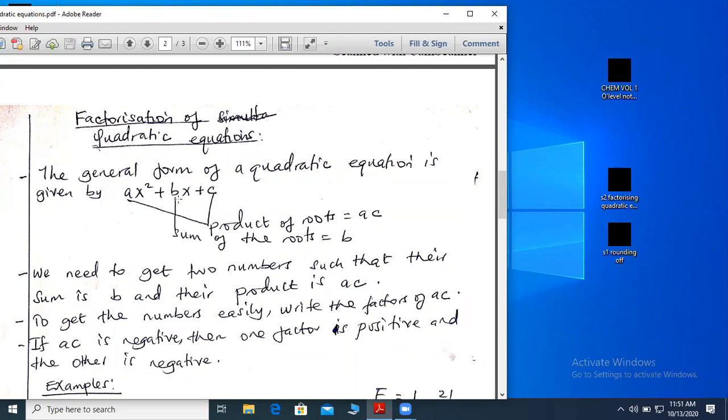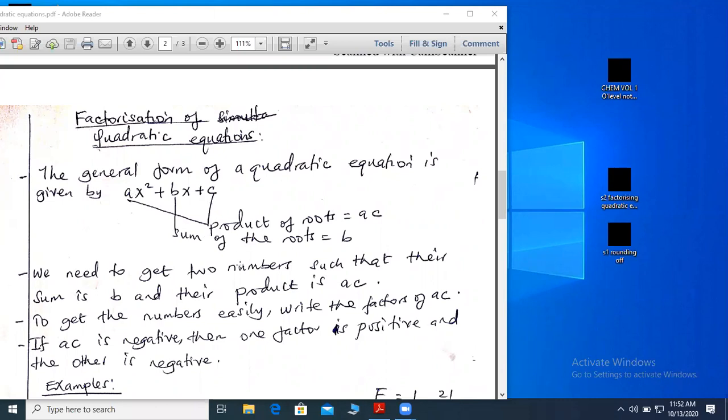Then the sum is B, the sum of the roots. Roots are the ones I'm calling factors. So those numbers should be such that when you multiply them, you get AC, and when you add them, you get B. So we need two numbers whose sum is B and whose product is A times C, which is AC.